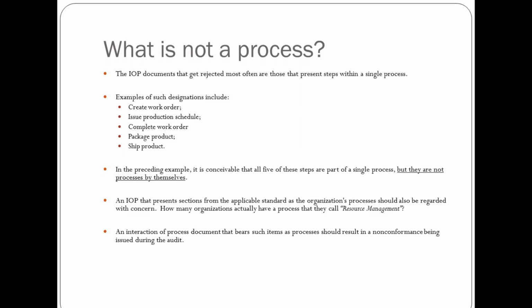You should have your own processes, your own way of understanding what your system is made of. When we get an interaction of process document that reflects these types of items as processes, these sorts of things should be written up as non-conforming during the context of the audit.